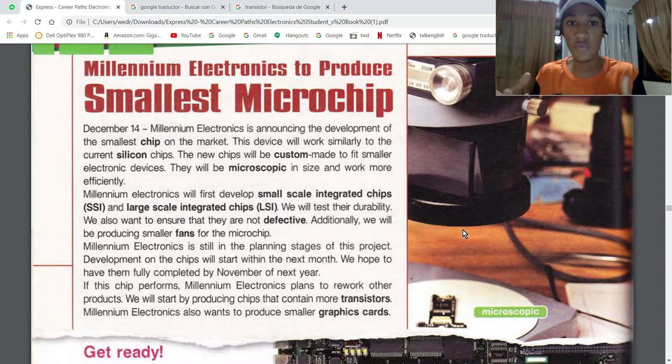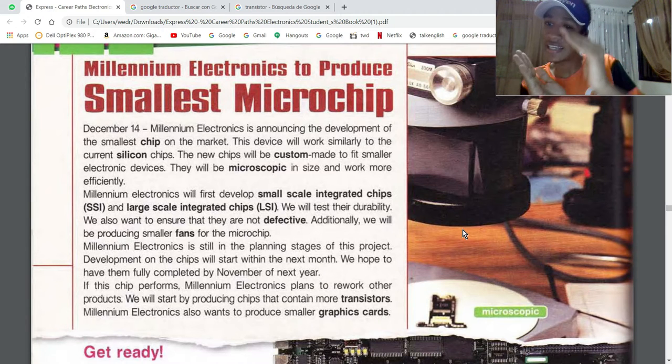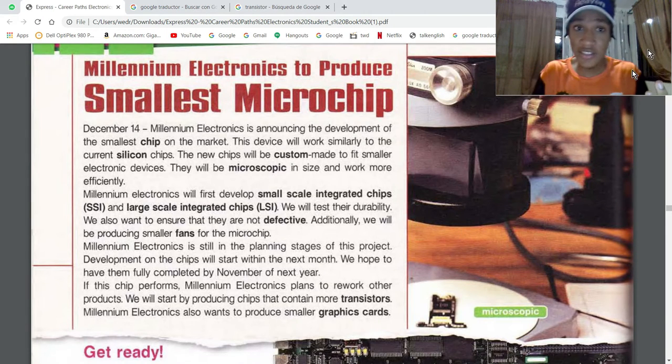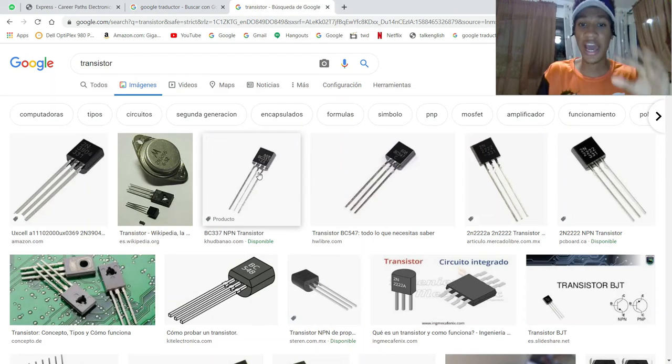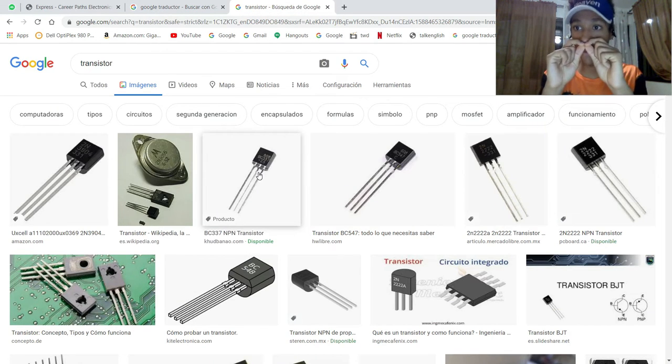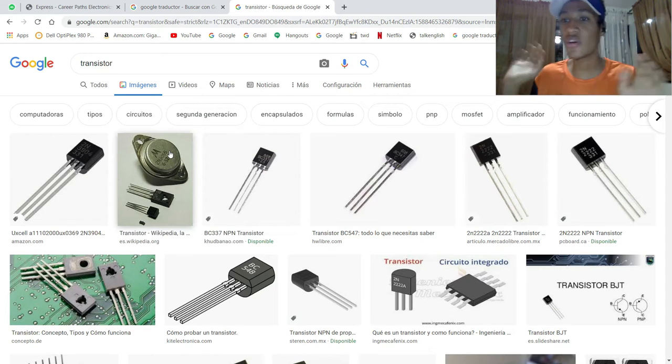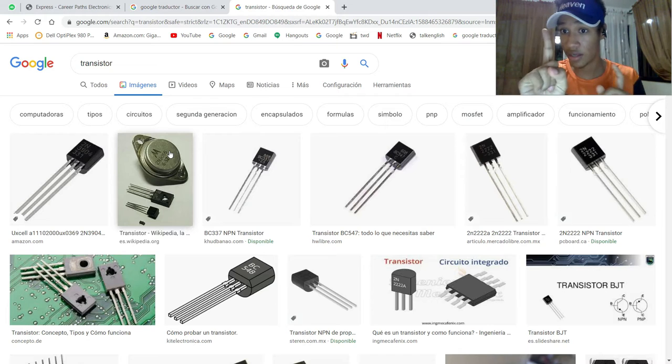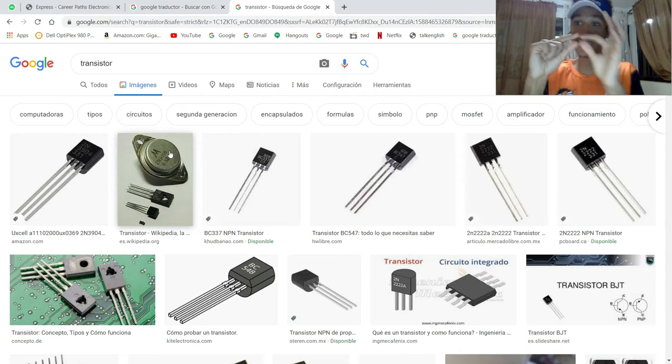How do I do it? The transistor, I need to make smaller, like 7 nanometers, for example. One of those transistors is 7 nanometers.